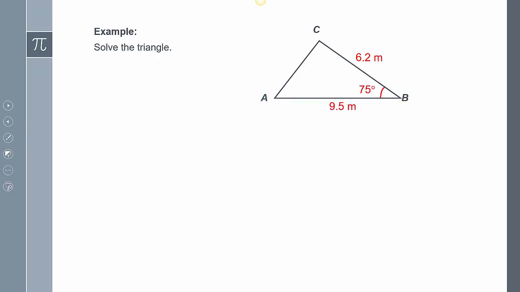All right, for the next example, I have to determine the case. In this case, it is going to be side-angle-side. Because of that, I know I'm going to use the law of cosines.